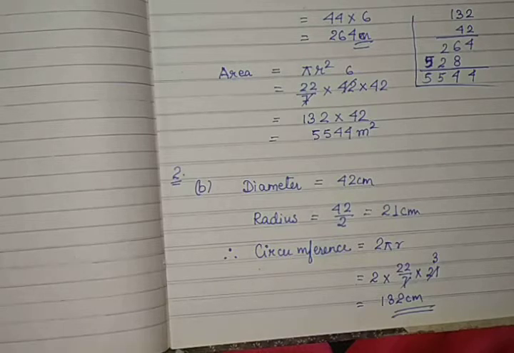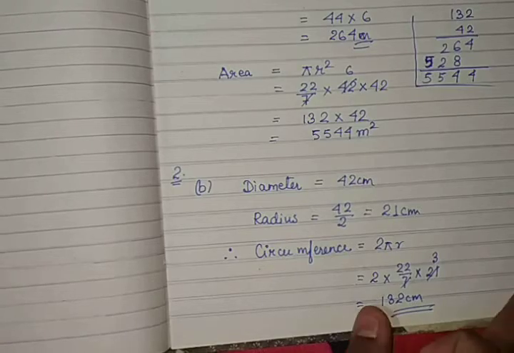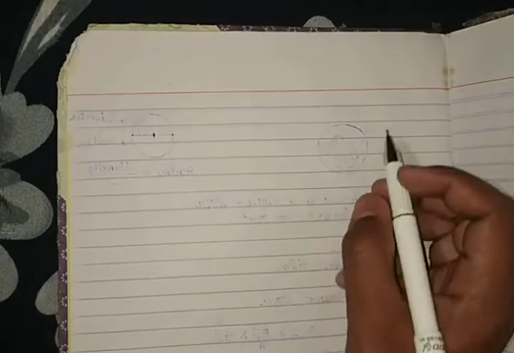Now for question number 6, it is given that the diameter of a circular wheel is 84 centimeter.